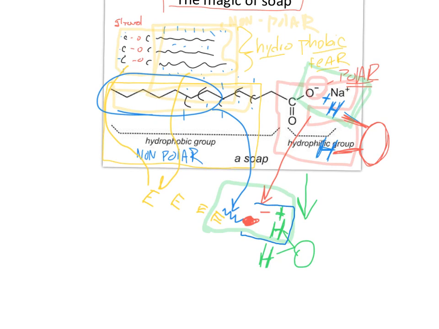And then there's also an attraction between the nonpolar part of the soap and the lipid, or the fat molecule, because they're the same. So the water molecule leaves, it pulls this part of the soap molecule, that's A, it pulls B, and then that part of the soap molecule pulls the fat, or the lipid, C.